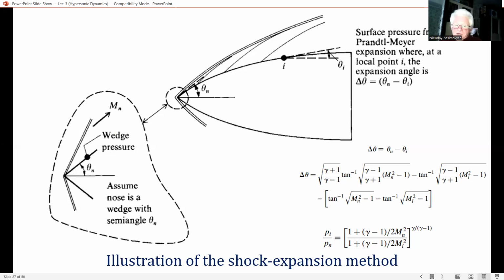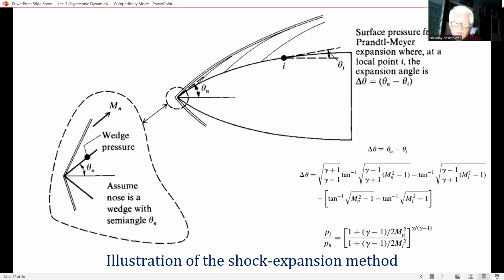Then, the Prandtl-Meyer expansion relations are applied locally downstream of the nose. And this implies that the flow downstream of the nose is locally two-dimensional, which assumes that the divergence of the streamlines is in the plane tangential to the surface. For bodies of revolution at 0-degree angle of attack, this condition is usually met.